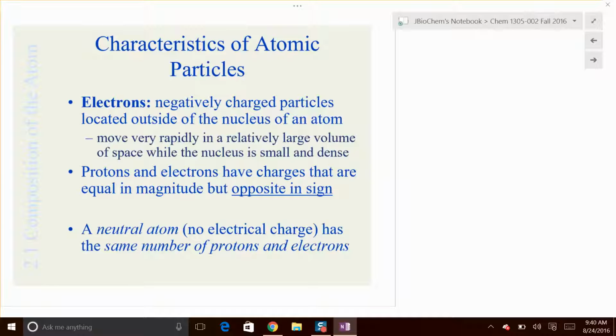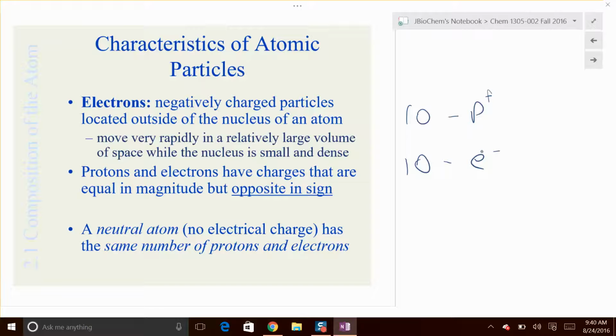Now, if you change the number of electrons, you will change the charge on that atom. Think about if I lose electrons. Let's say I had 10 protons and I had 10 electrons. Protons are positively charged, electrons are negatively charged. This is balanced, right? So the net charge here is 0.